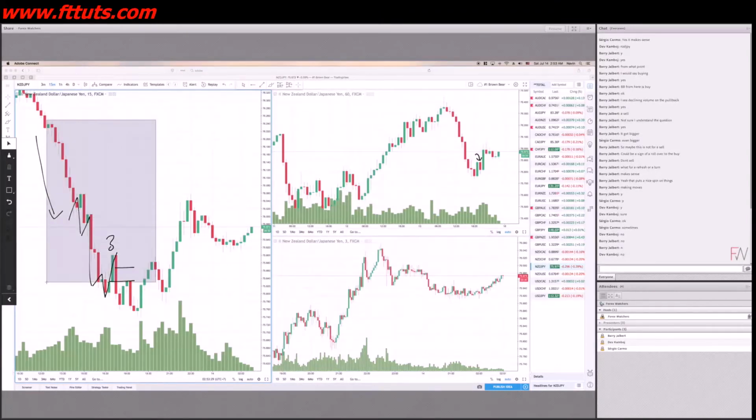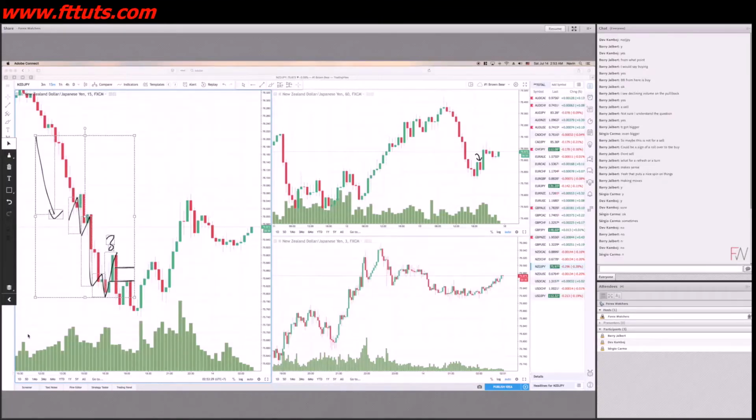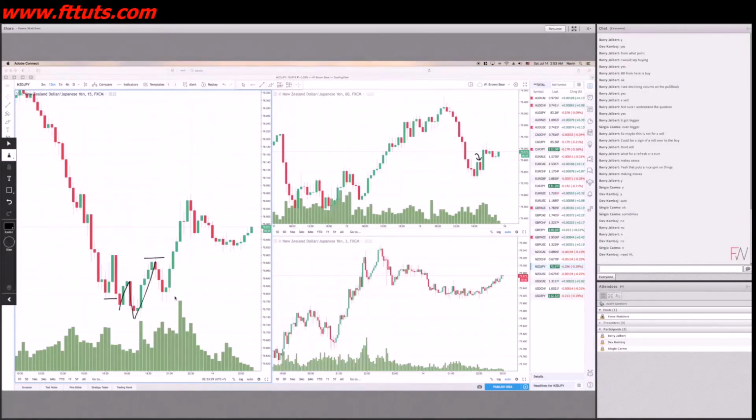Okay, so let's fix this V formation issue once and for all. Afterwards, he goes again and makes a lower low. Pulls back again, lower low. Okay, V formation. Is the V formation done here? Lopsided? Higher low. Okay, here's a higher low. Is the V formation done here yet?